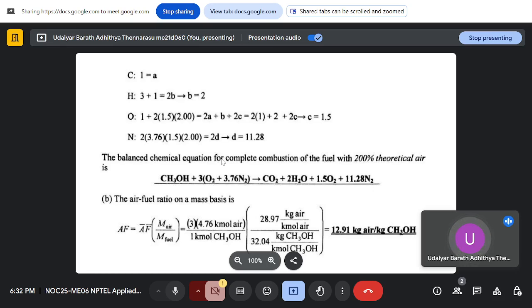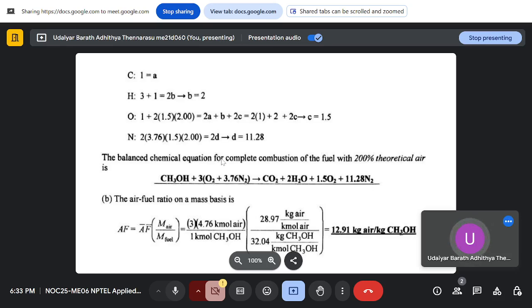Next we need to find out the air fuel ratio on mass basis. We'll first find it on molar basis. We have 3 into 4.76 moles of air per 1 kilomole of methyl alcohol.